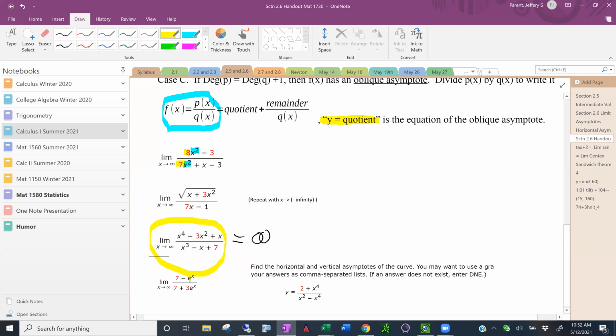I've lost track of where we're at, what example, so I'll just call it example J. Limit as x approaches infinity of 7 minus e to the x over 7 plus 3e to the x.